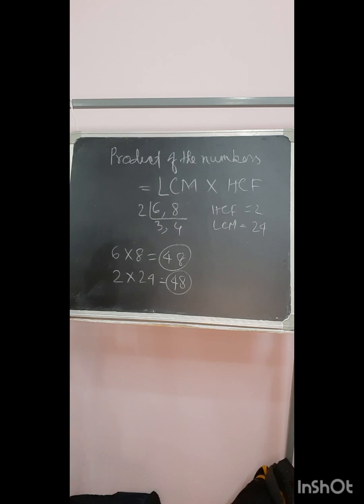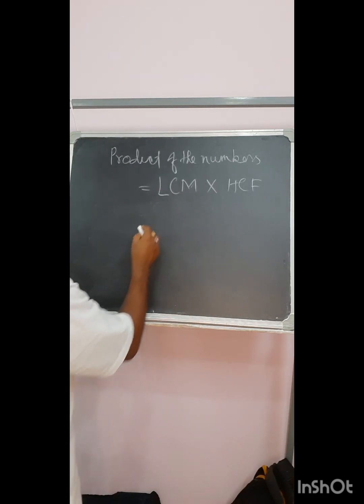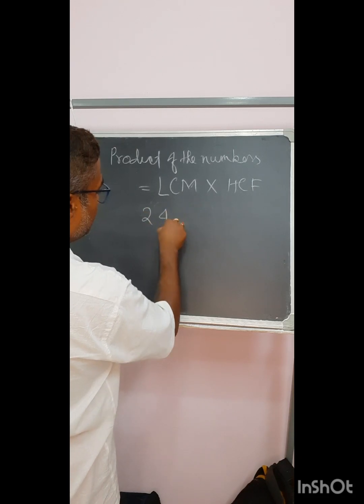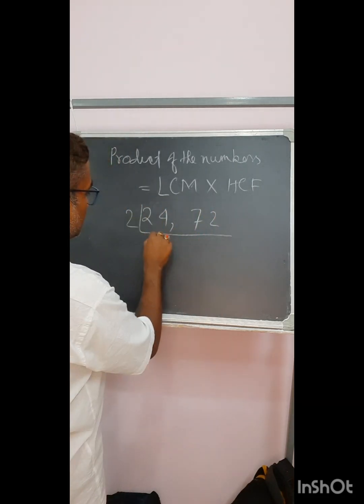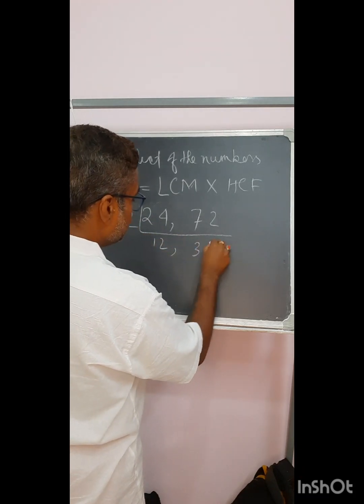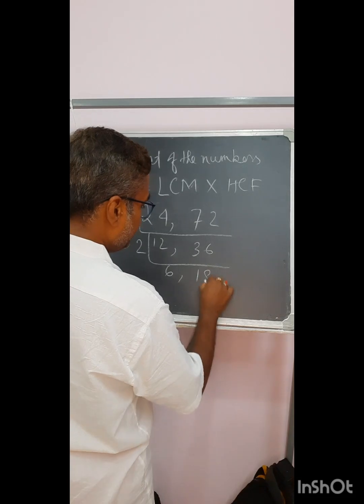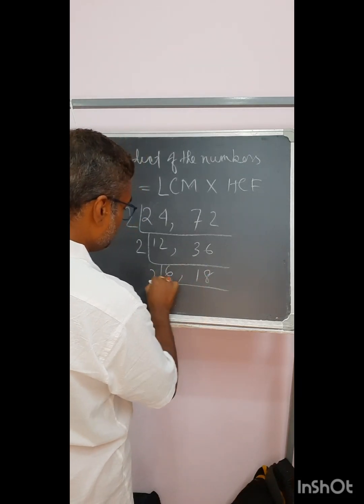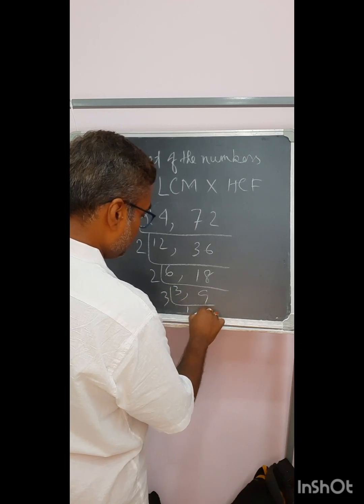Let me try with another, bigger pair, 24 and 72. Dividing by 2, we get 12 and 36, then 6 and 18, then 3 and 9, then 1 and 3.